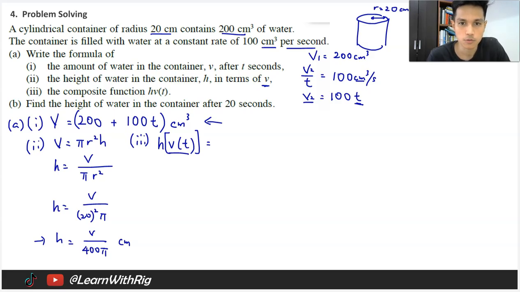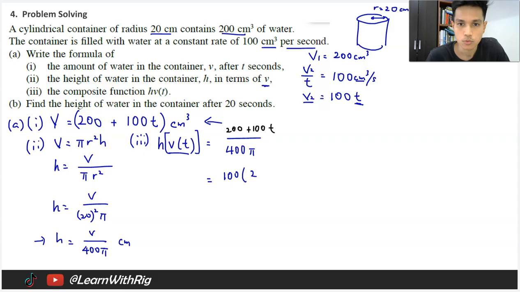So h is equal to V over 400 pi. But since you're substituting V, what is your V value? Your V value is 200 plus 100t, right? So when you substitute, now you can simplify this. You factorize 100 out of the equation.